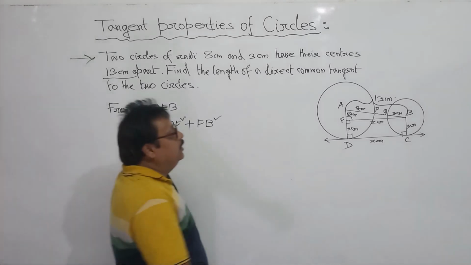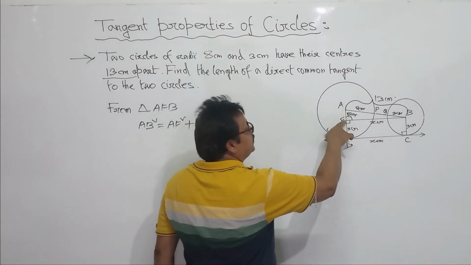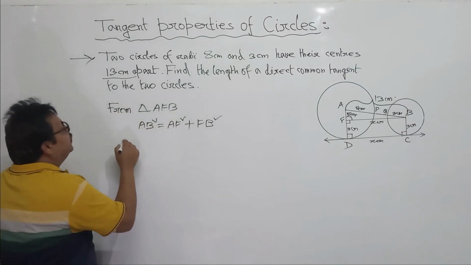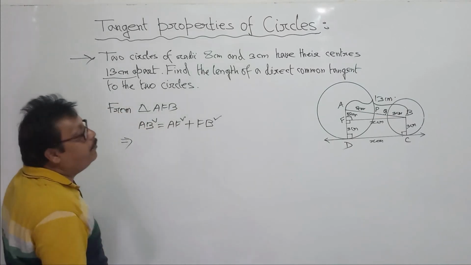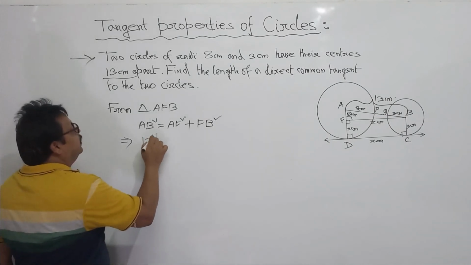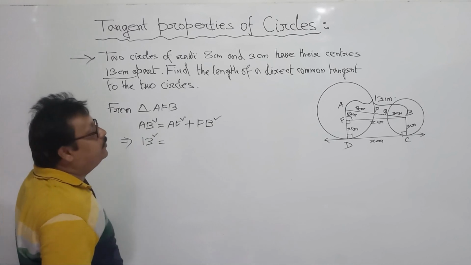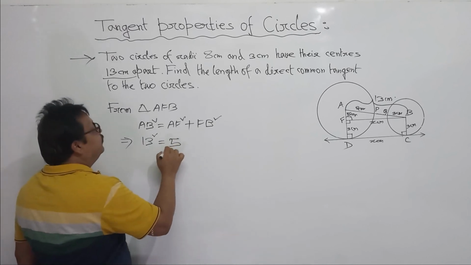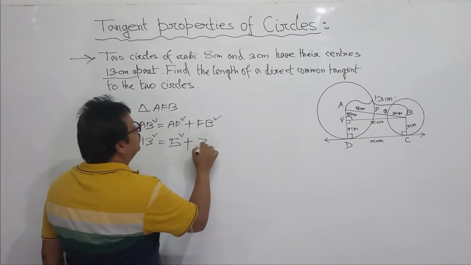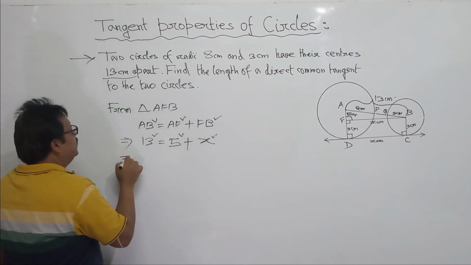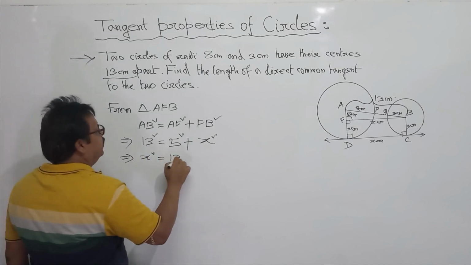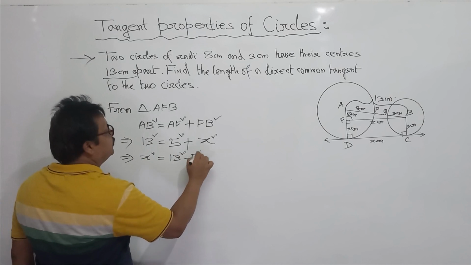Since right angle at F and opposite side of right angle, AB will be the hypotenuse. This implies what is the value of AB? AB, the distance between the centers of the circles, 13. AF 5. FB x. Correct? This implies x square equal to 13 square minus 5 square.